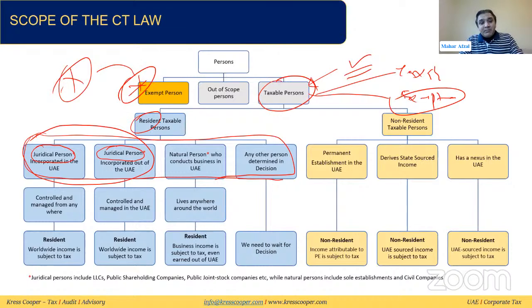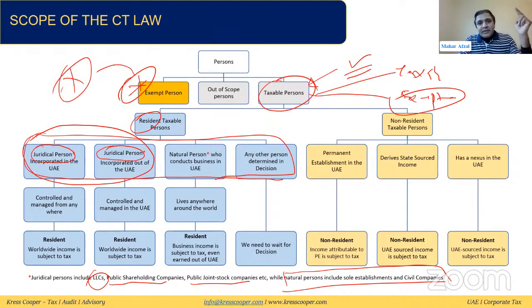We have discussed the examples as well. It will be an LLC, public shareholding company, public joint stock company. But the natural person, we'll discuss that separately. The resident juridical person might also be a juridical person in the USA, UK, or anywhere in the world, but if this person is being controlled and managed from the UAE, still it will be considered a resident juridical person.